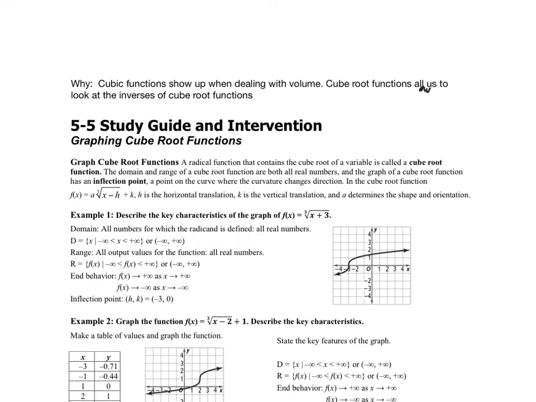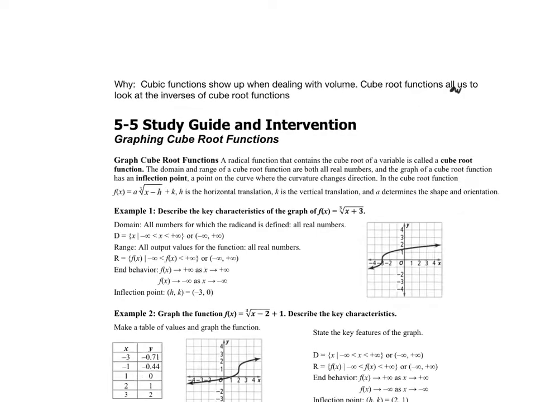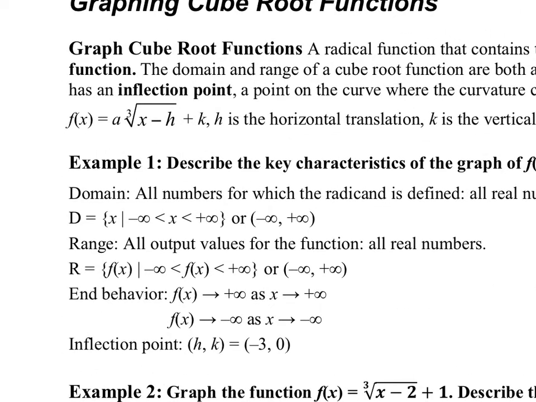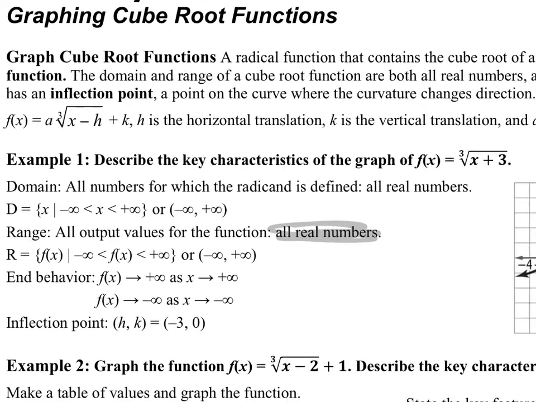This page is going to be less involved than the square root page because there's actually less things happening. The notable thing that's nice about cube root functions is that both the range and the domain are all real numbers.